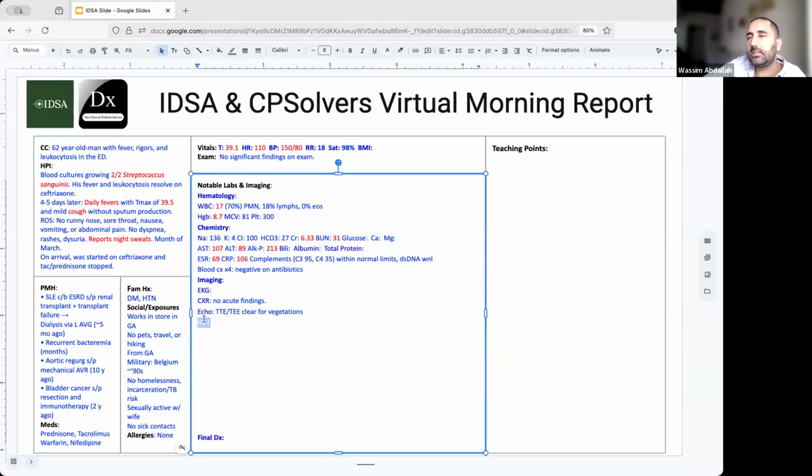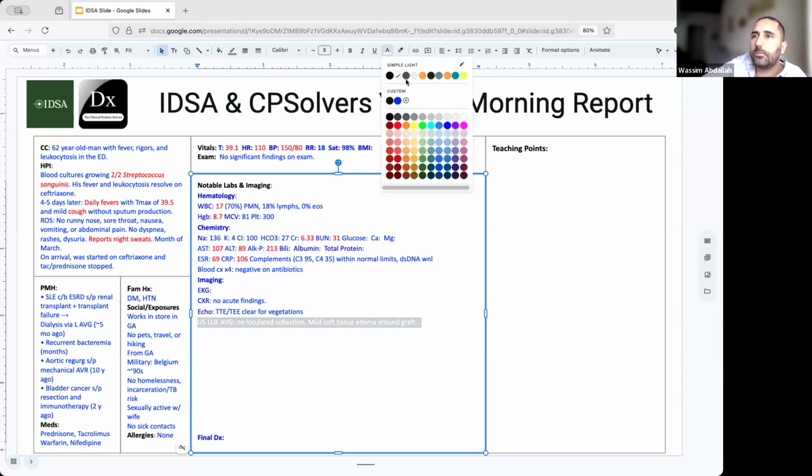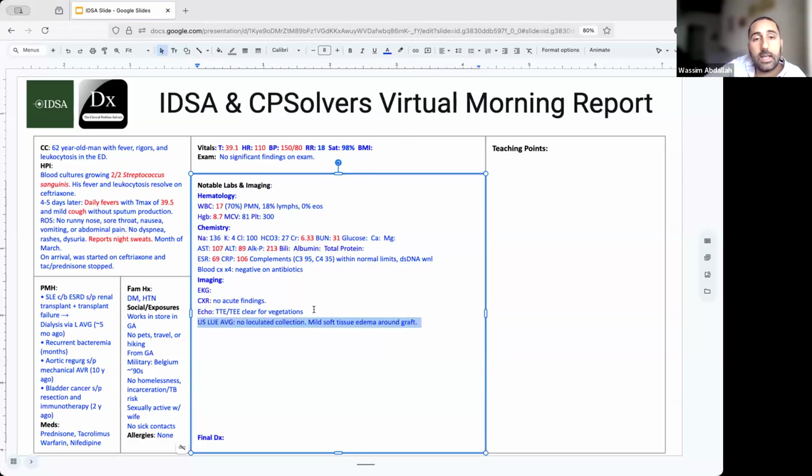And then obviously, because there is this AV graft, we did an ultrasound of the AV graft that didn't show really any loculated collection around it, but it did show mild soft tissue edema of unclear etiology at that time. So we did a tagged white blood cell scan, trying to find if there's something. And actually that showed that the AV graft was okay.